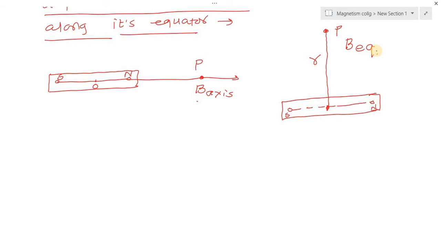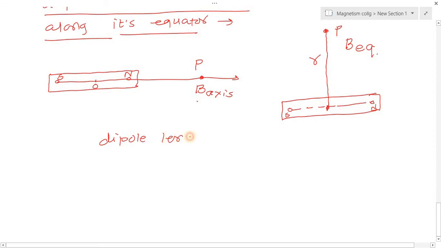Now here consider a magnet of dipole length 2l. So here the length of the bar magnet, or dipole length, is 2l.